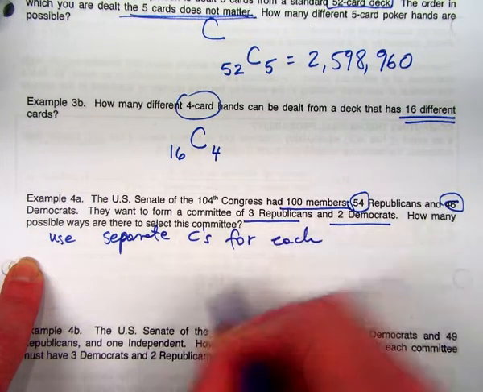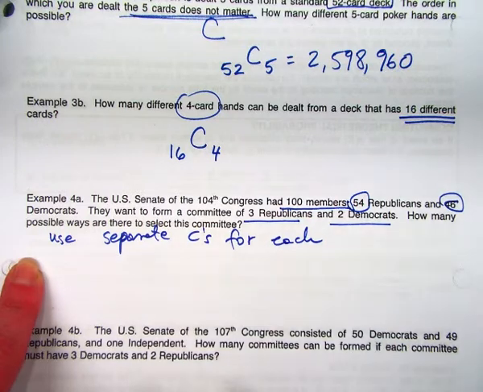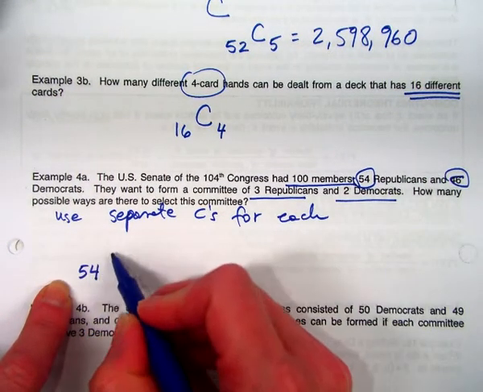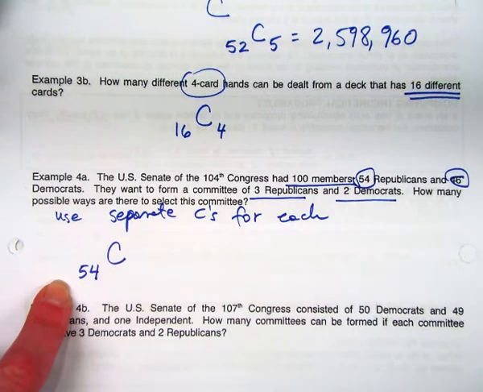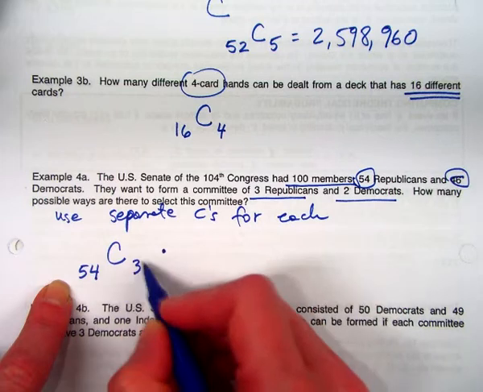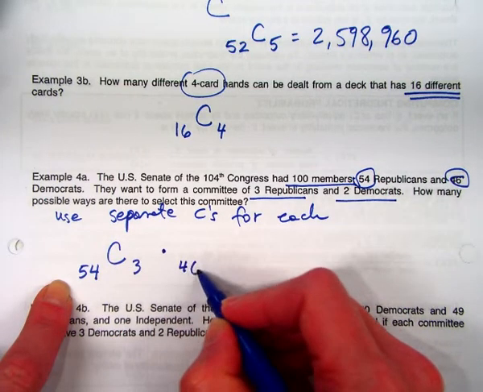We're going to do a thing with Republicans and Democrats, and then we multiply them. So let's do Republicans first. We have 54 Republicans, and we're choosing how many Republicans for this committee? 3. Then we're going to multiply this number by 46.